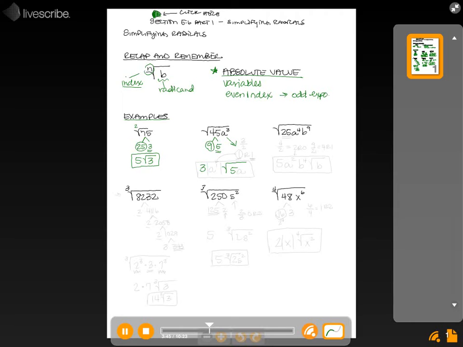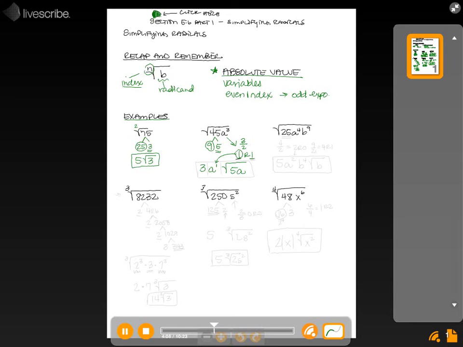Now let's deal with the variable. To figure out the variable, remember we take the exponent and divide it by the index. Well, 2 goes into 3 one time with a remainder of 1. This means that 1a is going out in front, a to the first. The remainder means 1a stays underneath, okay?